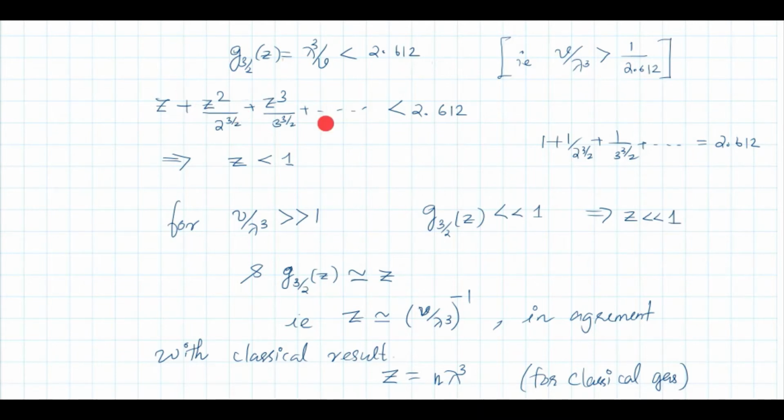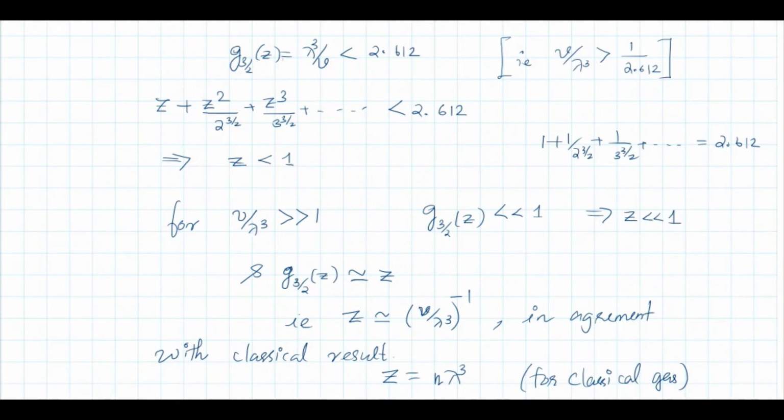In order to get a value less than 2.612, Z should be less than 1, because the maximum value of Z is 1. Therefore, when V by lambda cube is greater than 1 by 2.612, Z value is less than 1. That is the second region.